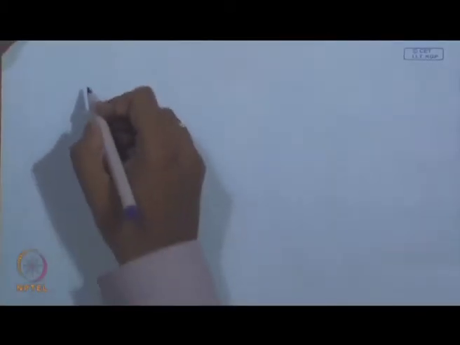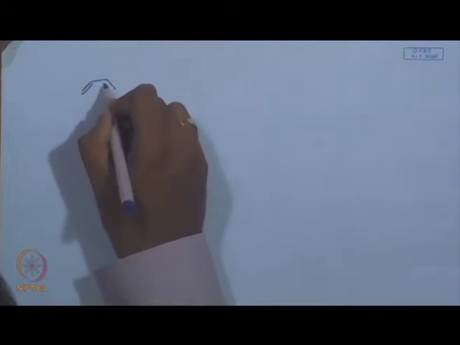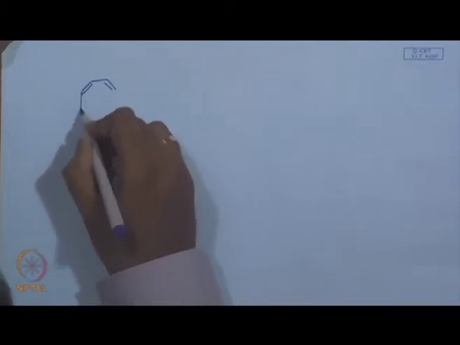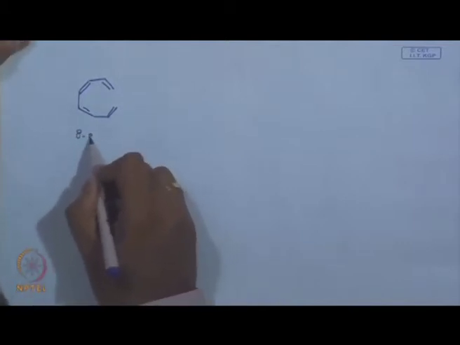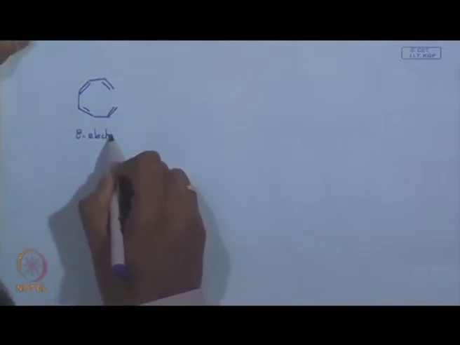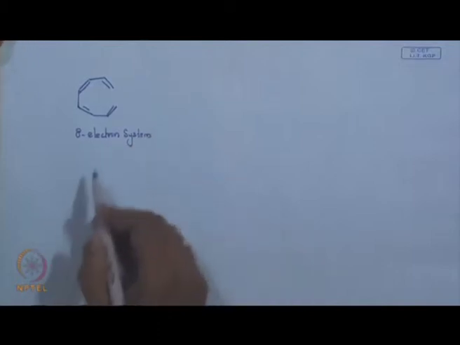You can also have an 8 electron system, where you can think about the cyclooctatetraene system. This is your 8 electron system. Again it is a 4n system.